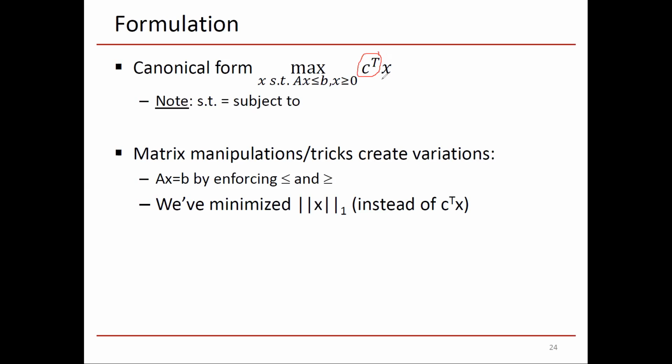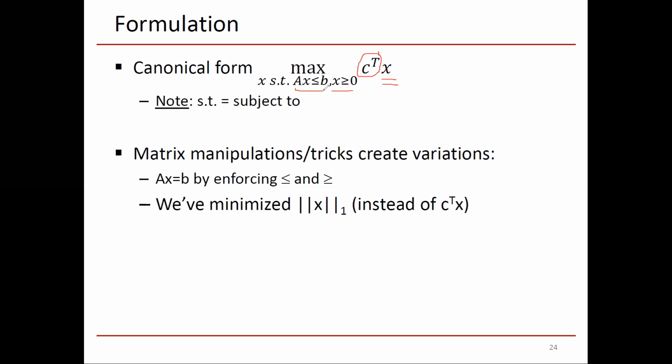We're interested in the best X. That's what we want, the X. And we want to maximize C transpose X, or find the X that maximizes C transpose X, subject to, first of all, every element of X is greater than or equal to 0. So this notation means element-wise greater than or equal to 0, every single element. And additionally, AX, where A is a matrix, is less than or equal to some vector B.